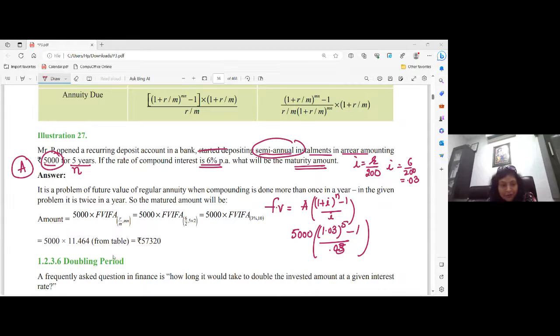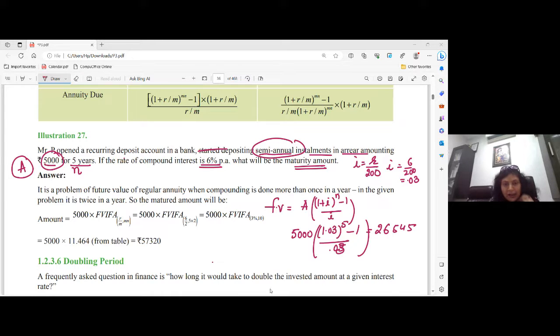So first we have to find out 1.03 power 5. Minus 1 divided by 0.03 into 5,000. So your answer is 26545. I think they have done something wrong.